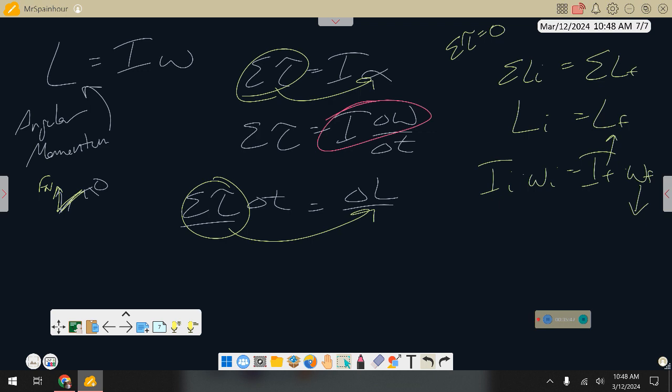Which way is she spinning super fast? What was it originally spinning? Counterclockwise. So she had 0, it had counterclockwise, so in total, the angular momentum was counterclockwise.